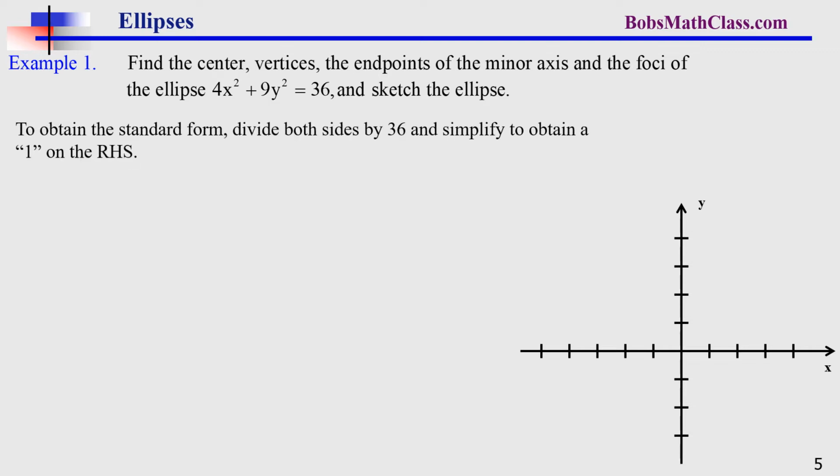Okay, so the first thing we need to do is get the standard form. We don't have standard form because we don't have a 1 on the right-hand side. So first thing to do is divide both sides by 36 and simplify to get that 1 on the right-hand side. So rewrite your equation and then divide each term by 36.